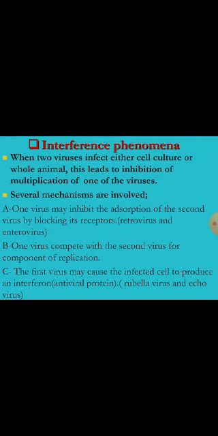One virus may compete with the second virus for components of replication. Sometimes the first virus may cause the infected cell to produce a large amount of interferon, an antiviral protein, as in case of rubella virus and echovirus.